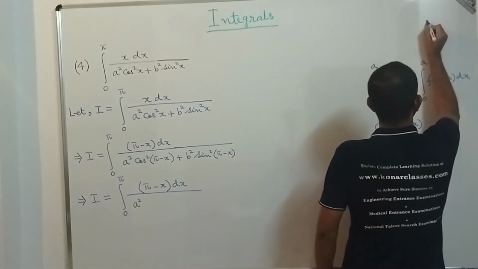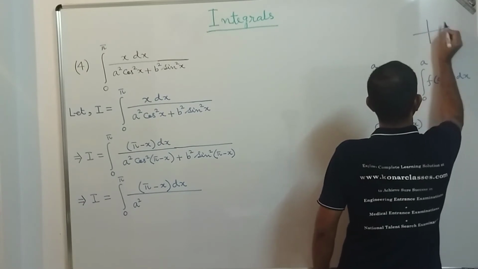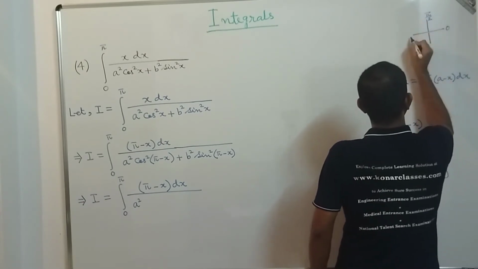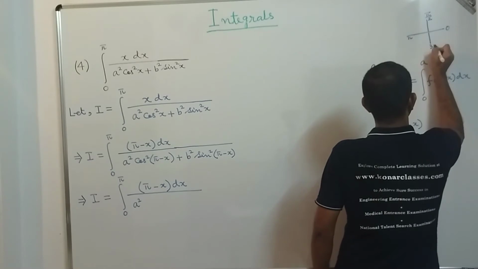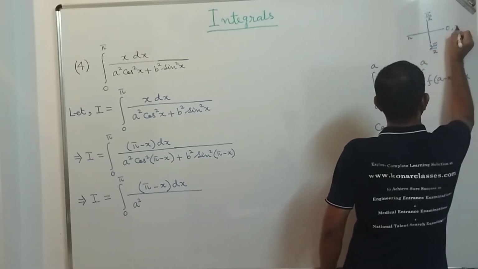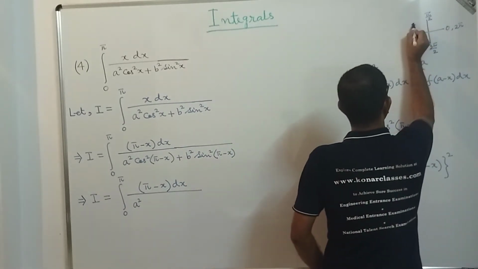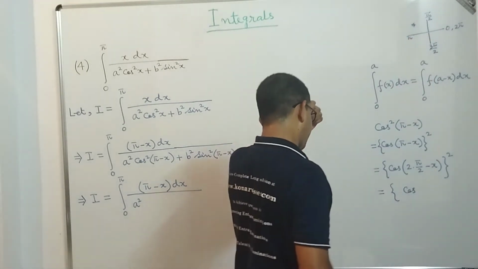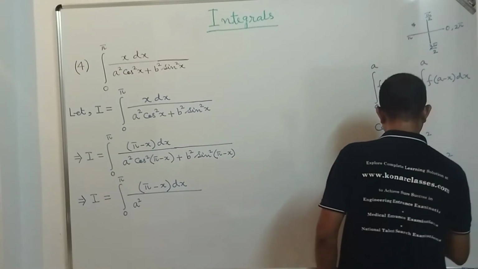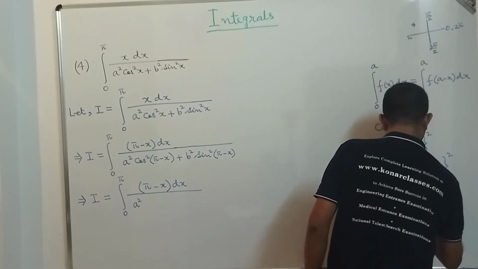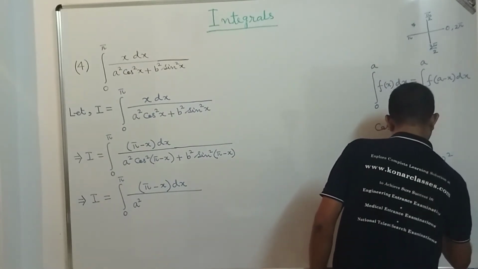If you look into the quadrants, this is 0, this is pi by 2, this is pi, this is 3 pi by 2, and this is again 2 pi. So pi minus x is in which quadrant? Second quadrant. In the second quadrant cos is negative, so minus cos x, complete whole square.